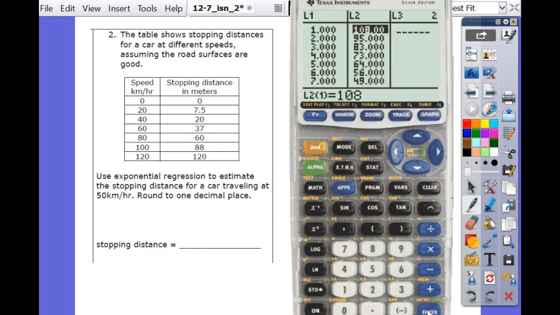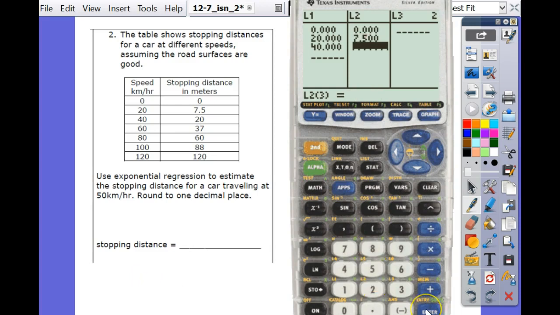and just like I said, there's lots of ways to clear the data out. Another way to clear the data out is arrow up to L1, clear and enter. And 40. I'm not going to put the whole data chart in there because there's something I want to show you first.